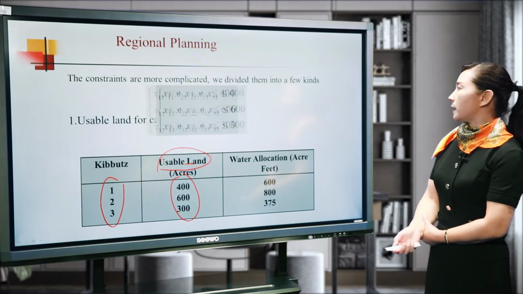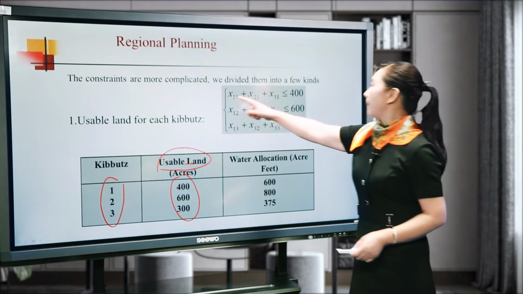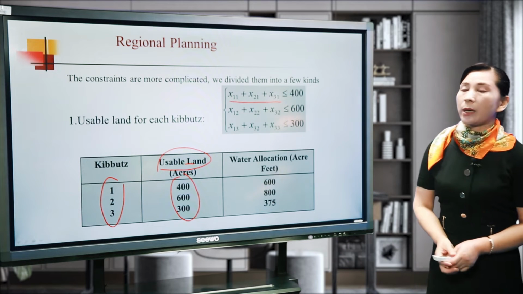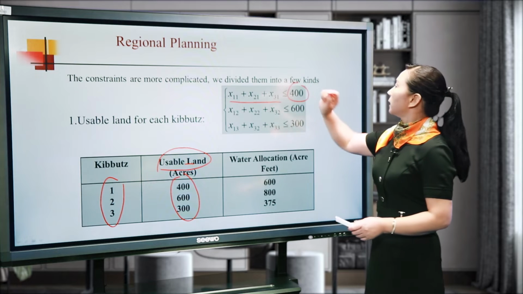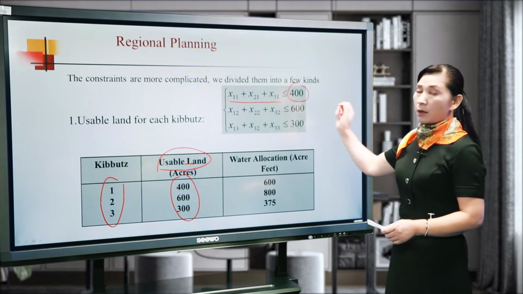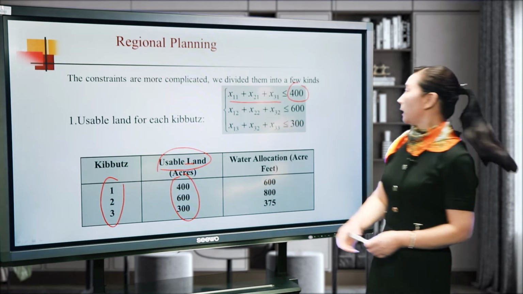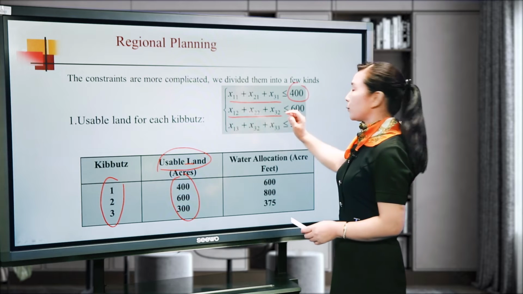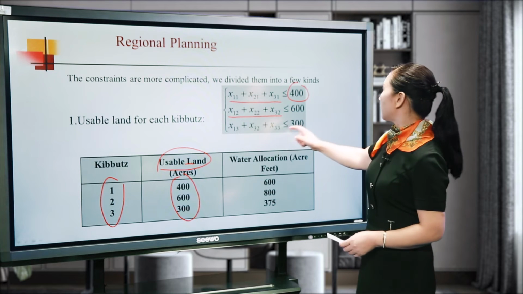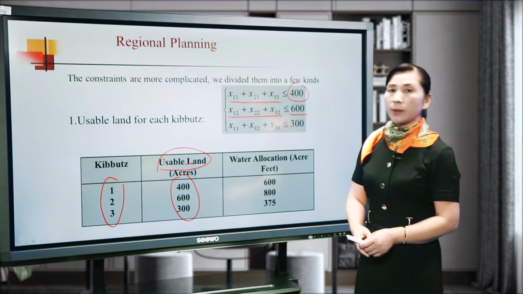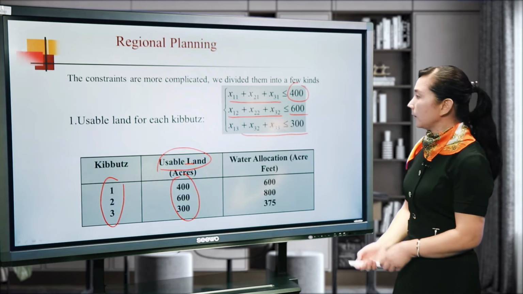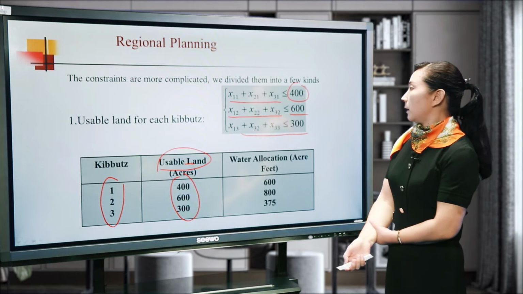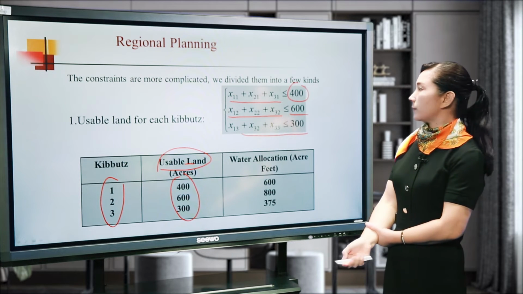We describe it as: in kibbutz 1, this is kibbutz 1 used land, and this is available land, so it is less than or equal to. And this is kibbutz 2. Kibbutz 2 used land, and this is available land, and kibbutz 3 is similar. This is the first type of constraints.